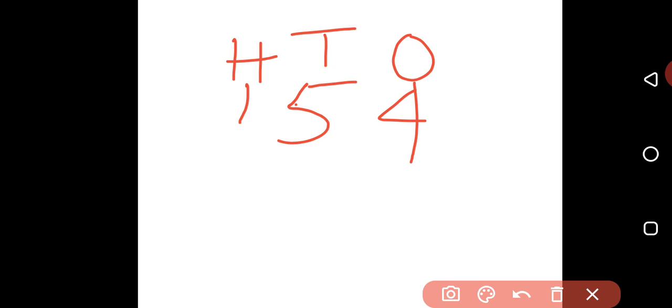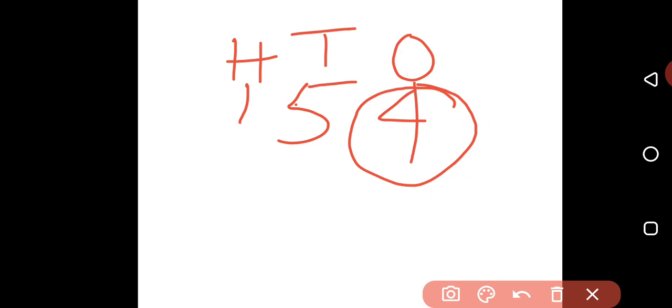To round off to the nearest tens, we have to look at the digit of the ones place. So what is the rule? The ones place digit is 4.